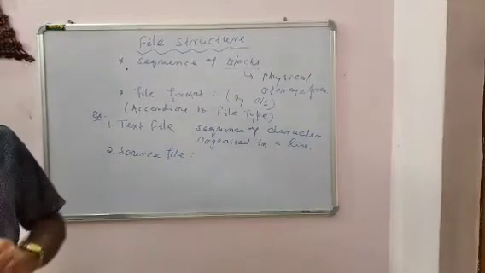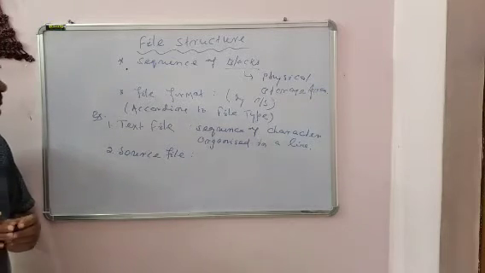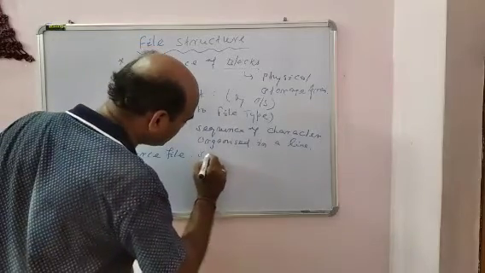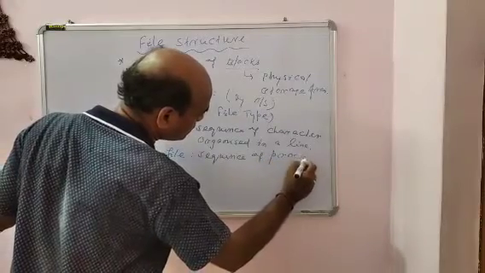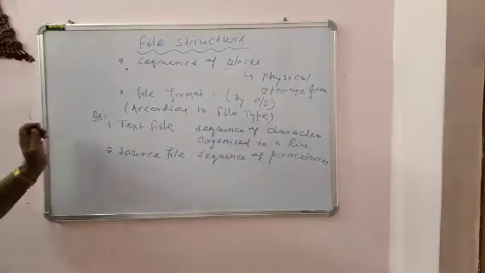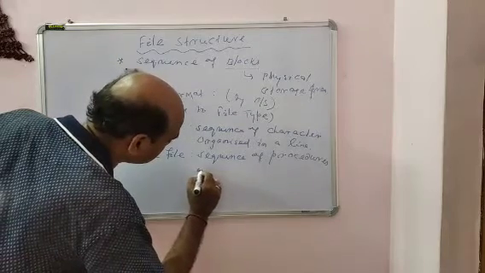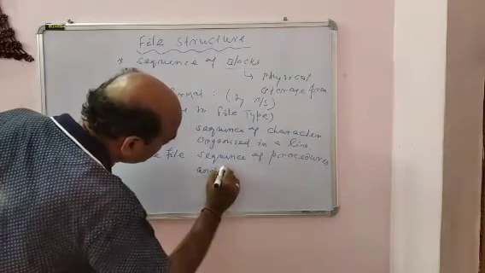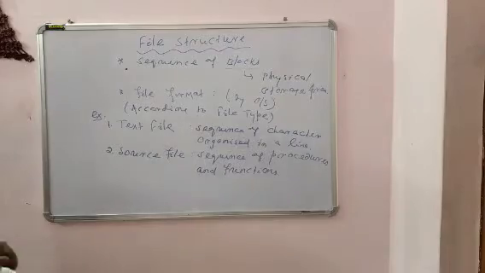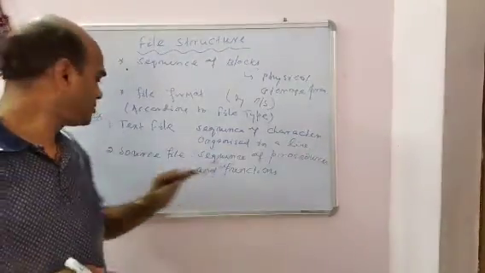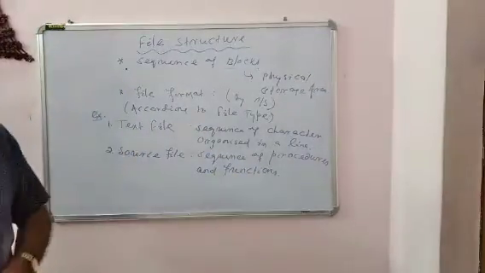What does it contain? A source file contains a sequence of procedures and functions. So a text file contains a sequence of lines, and a source file contains a sequence of procedures and functions. In this way, we can have different file structures.